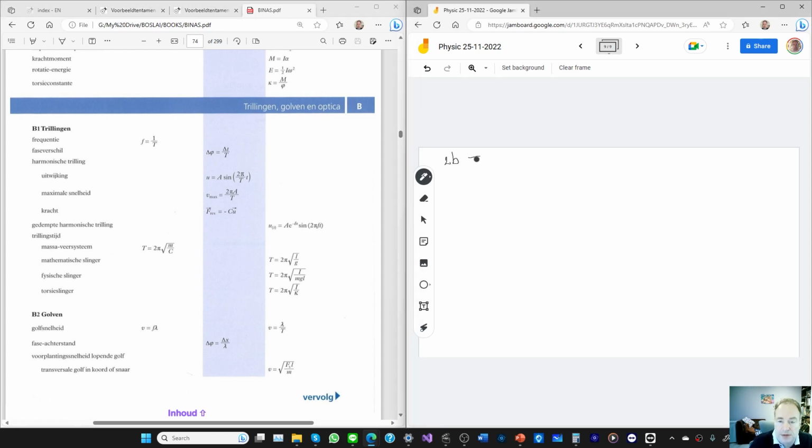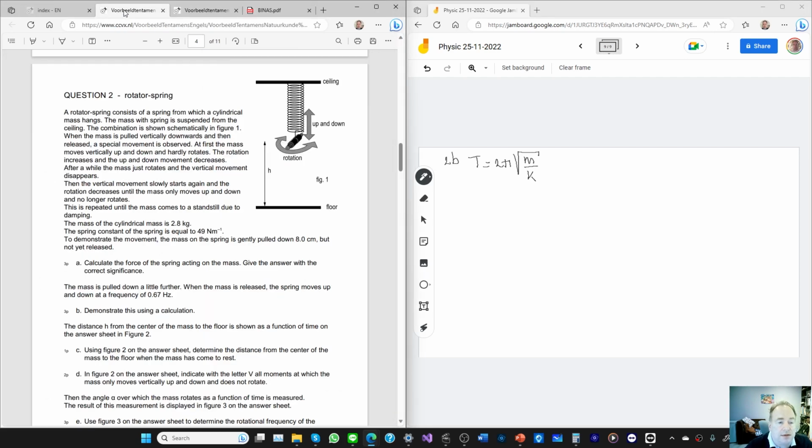So the period is 2 pi times the square root of the mass divided by the spring constant, which we call K. All right, so that's just substitution then. So it's 2 pi times the square root of 2.8 divided by 49.